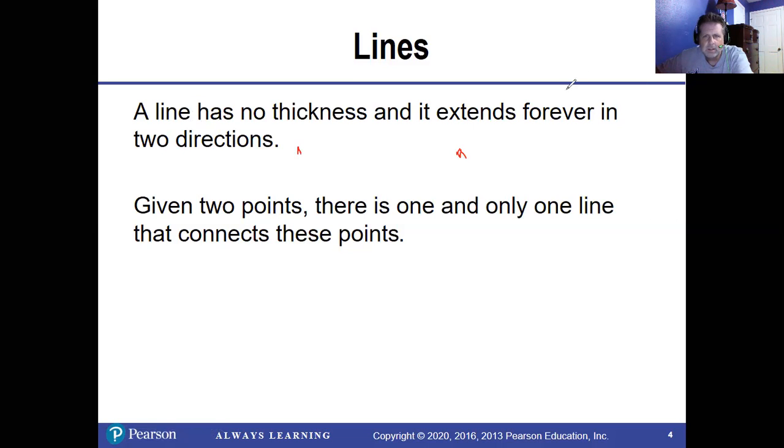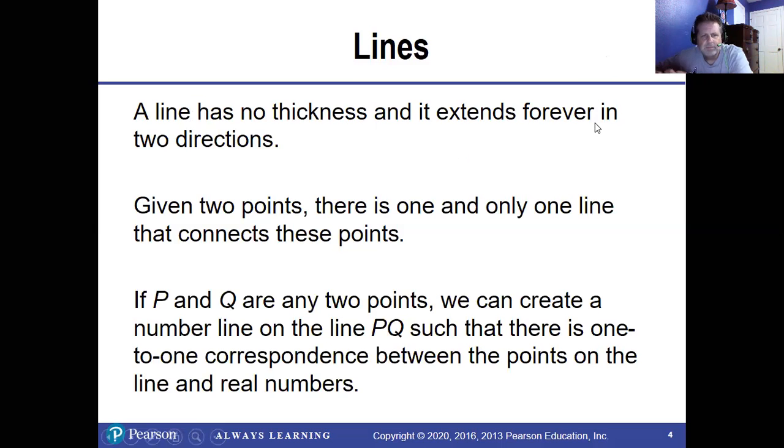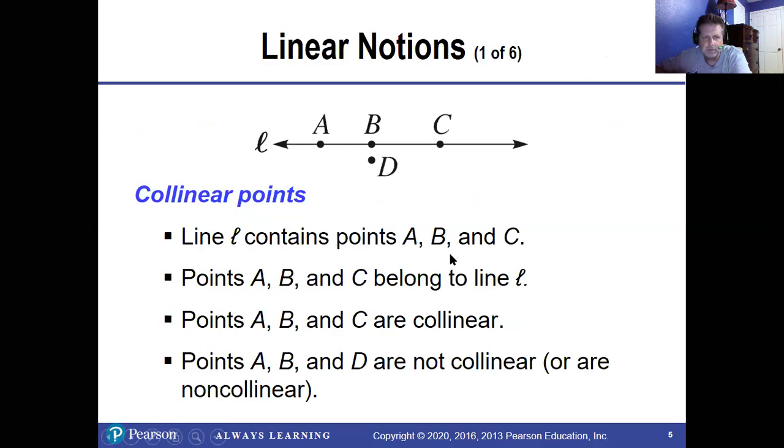If P and Q are any 2 points, we can create a number line on that line PQ such that there is a one-to-one correspondence between the points on the line and the real numbers. This says that you can take 2 points and make a number line through those.